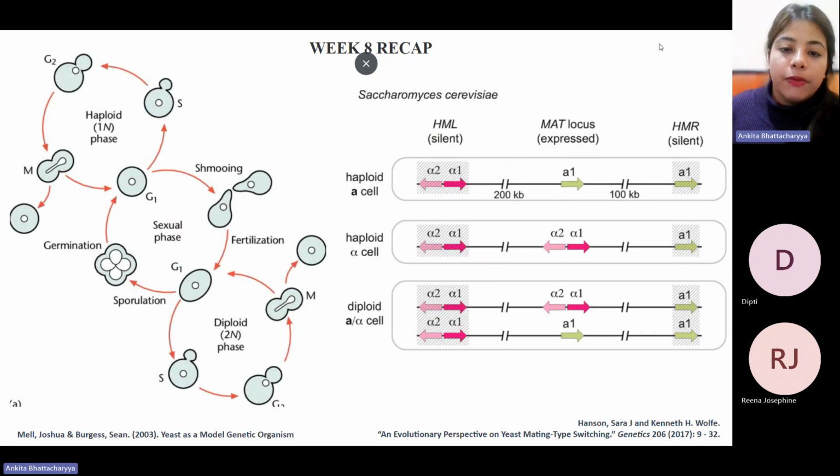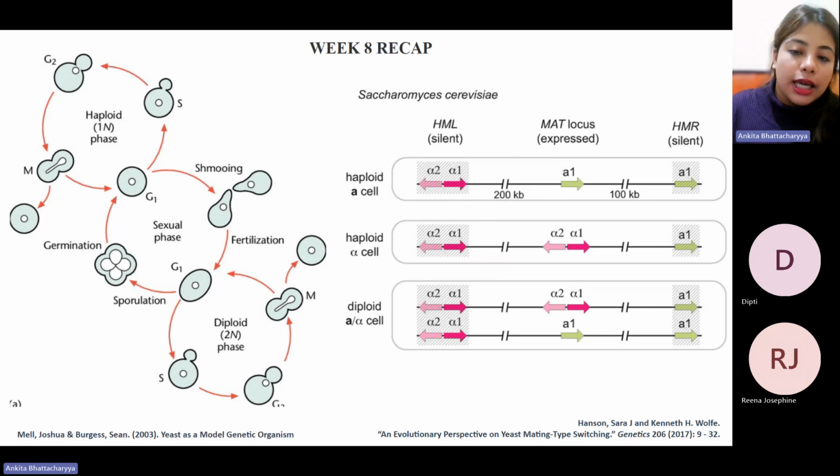So these are the two subtypes that we see, which are capable of undergoing their independent haploid phases. Now, if there is schmoing and there is entry into the sexual phase, then these two can reproduce with each other. When they do so, we see the fertilized cell, which is the diploid cell, that is said to have the A/alpha phenotype, pronounced as A alpha.